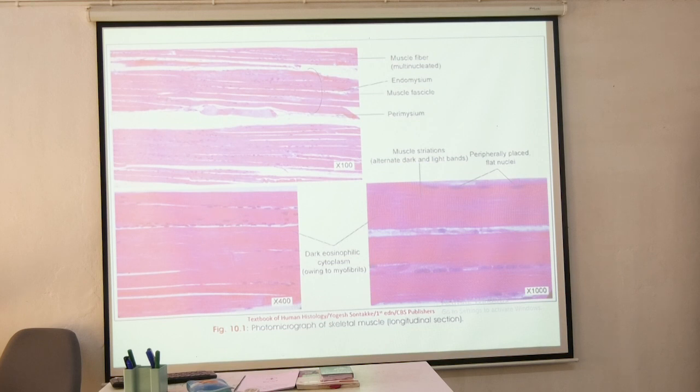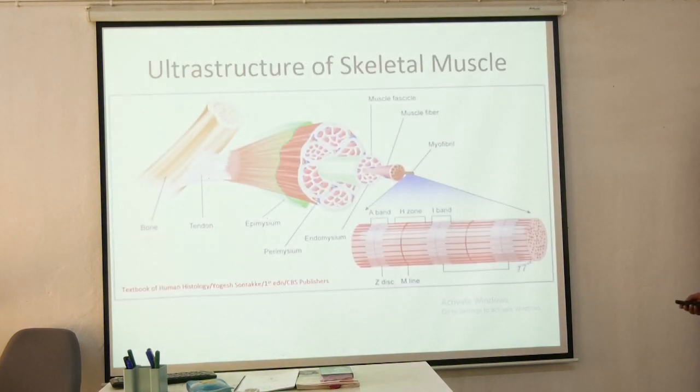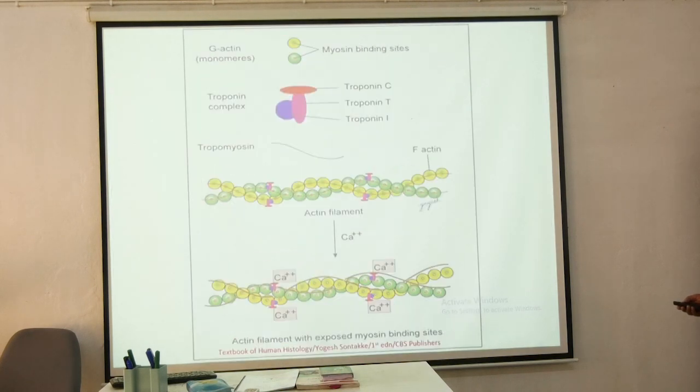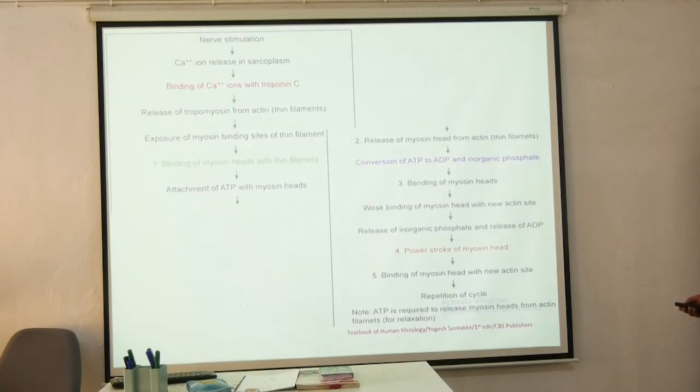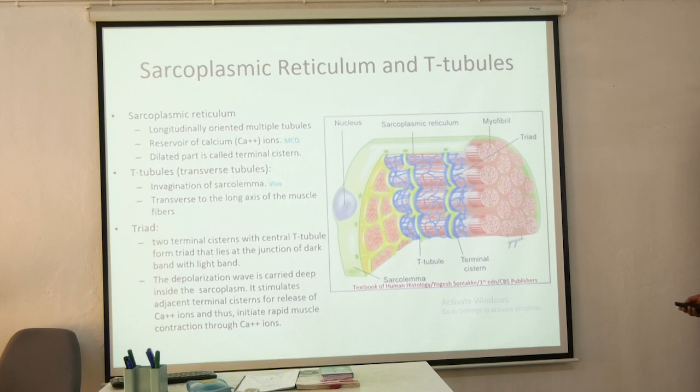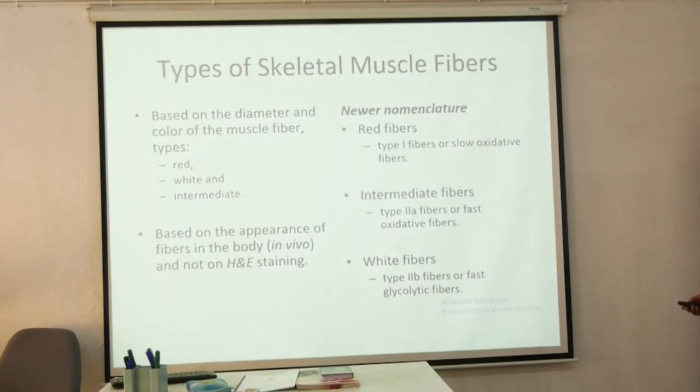These are higher magnifications, but you cannot focus in that, so we see the book and correlate. The ultrastructure of skeletal muscle you see in standard textbooks. Now, these are more of theory.